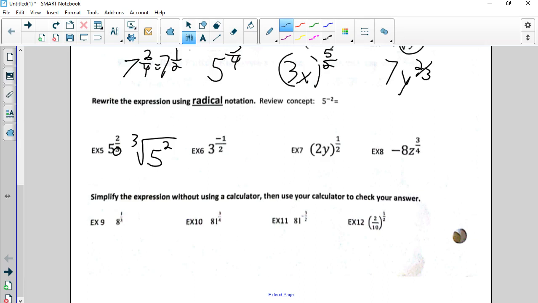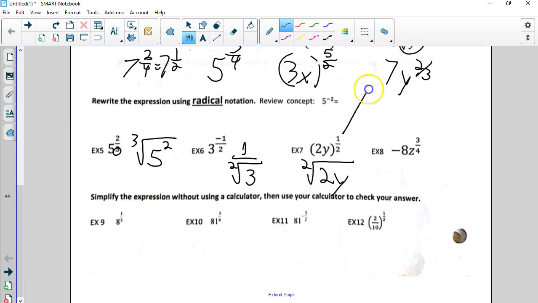Again, we have a negative this time, so we know we're going to have 1 over square root 3, right like that. Now, remember, being that the 2y is in parentheses, the entire thing is under the radical.